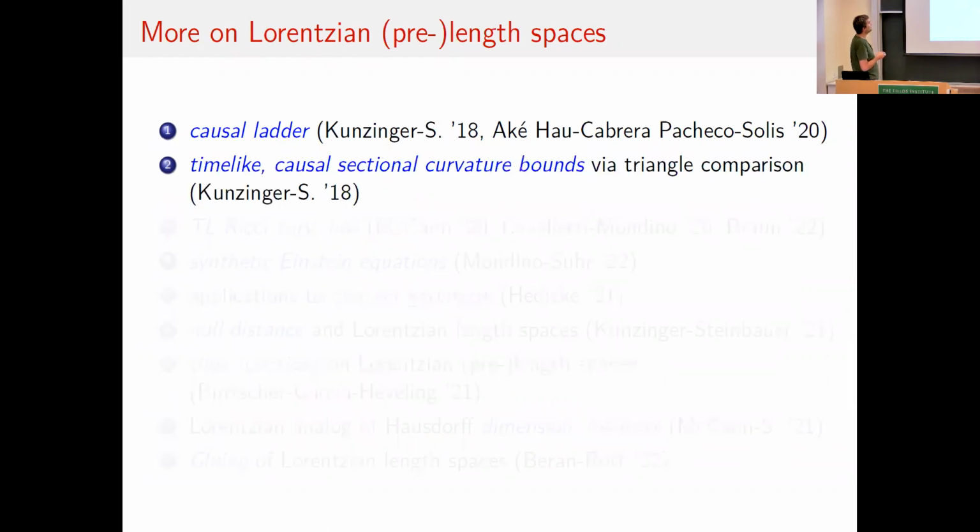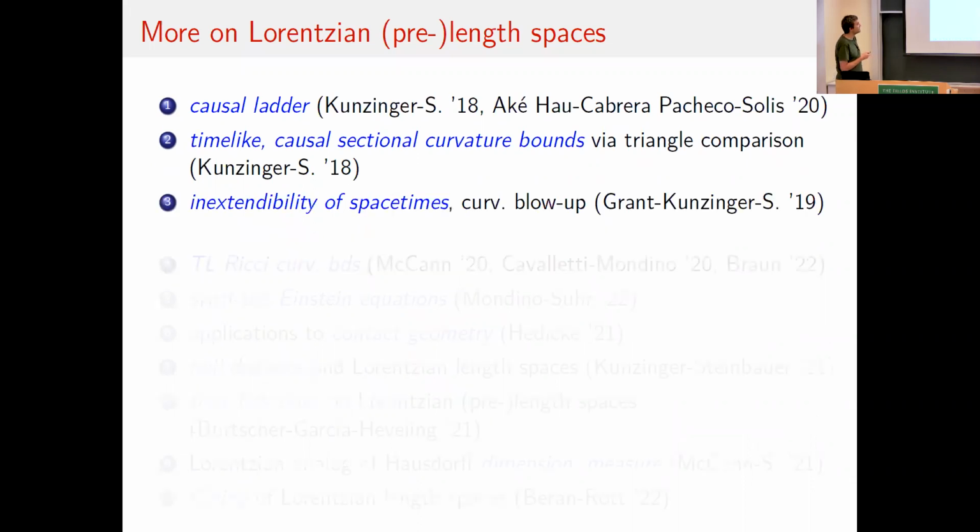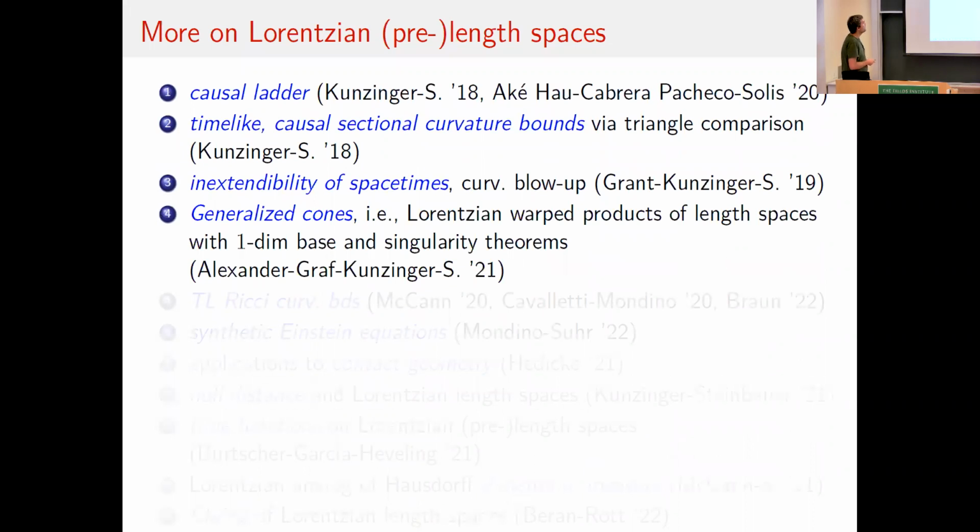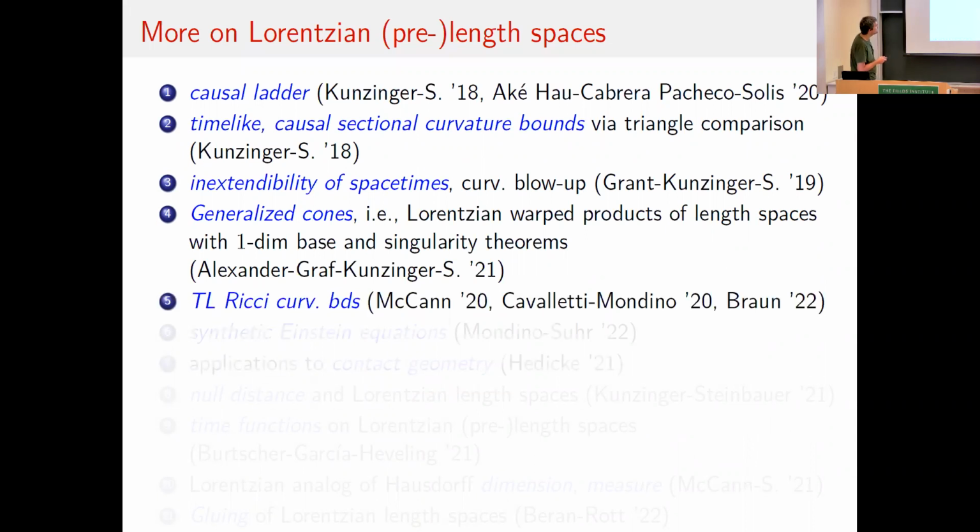Then we have introduced time-like causal sectional curvature bounds via triangle comparison. We applied this to the question of inextendability of spacetimes and related this to a curvature blow-up. Also, we studied a large class of examples, which is called generalized cones, and had a first synthetic singularity theorem.